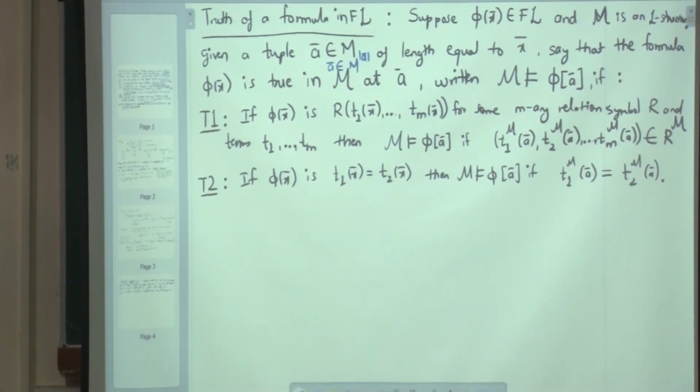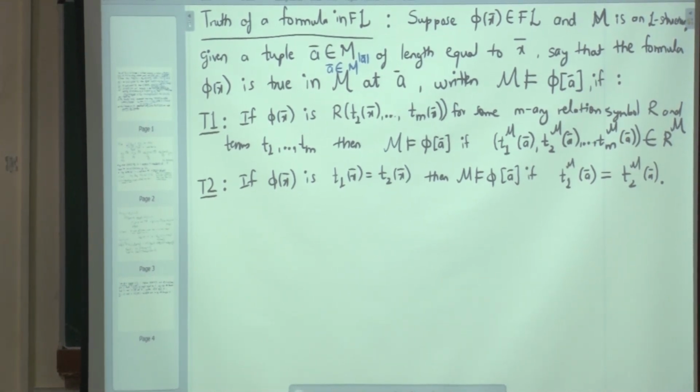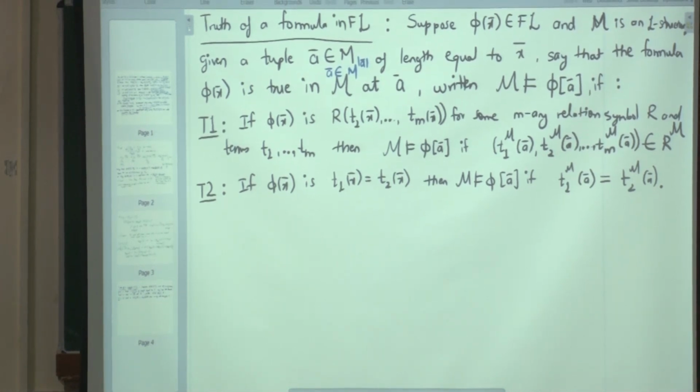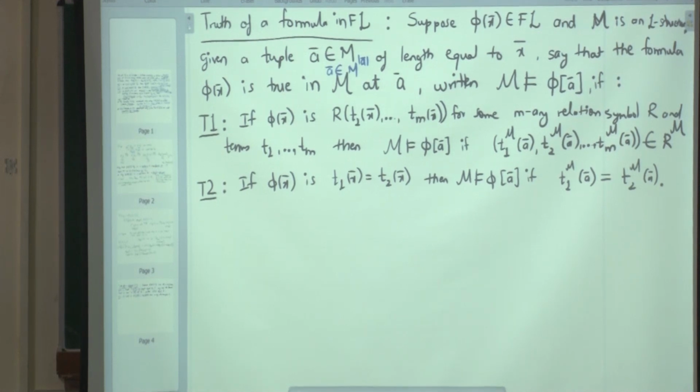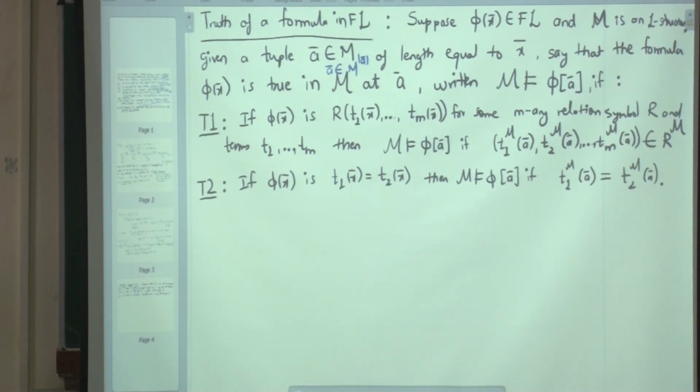Here the interpretation of the equality symbol is the diagonal relation. These two elements have to be equal. Sorry, this is not T1, T2, this is T1 prime, T2.